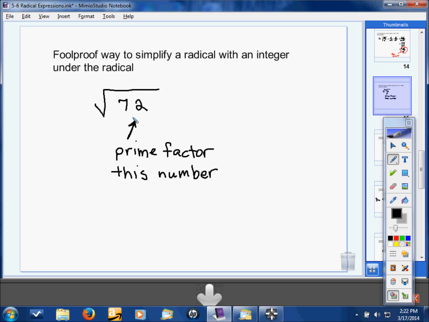Because this, Jonathan and Grace, if this were put in your calculator and you put the square root button, it would give you a decimal. And if you're simplifying a radical, you can't have a decimal in the answer. So we have to figure out a different way of doing it.